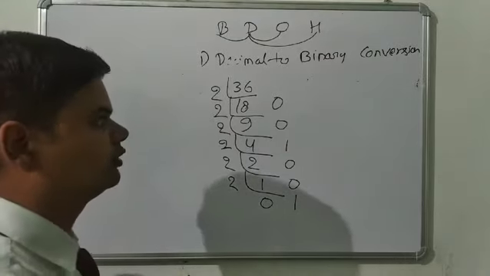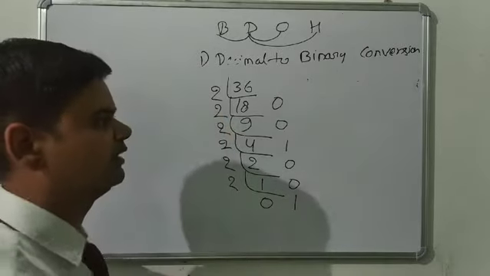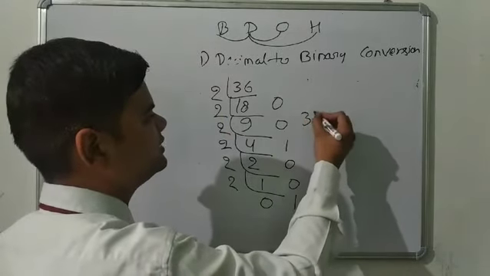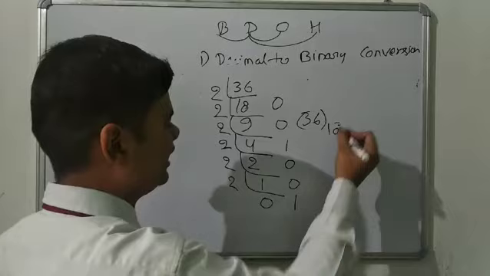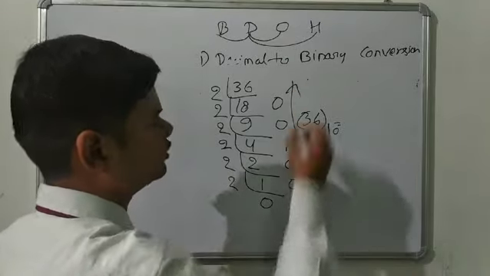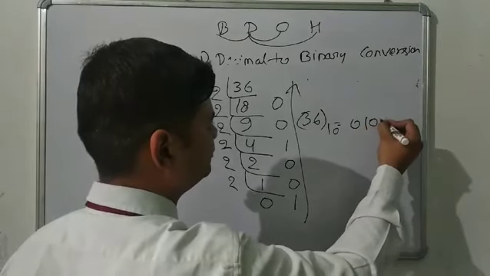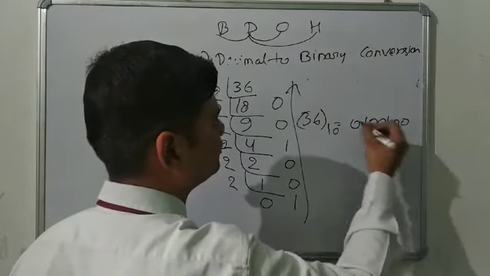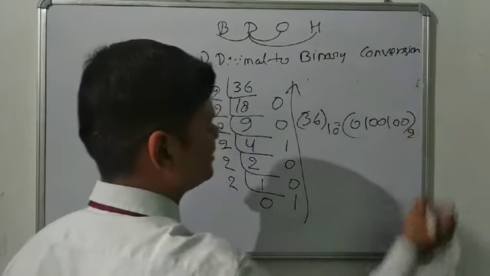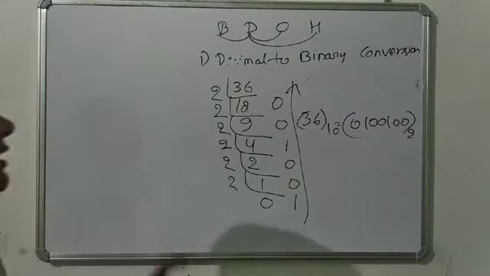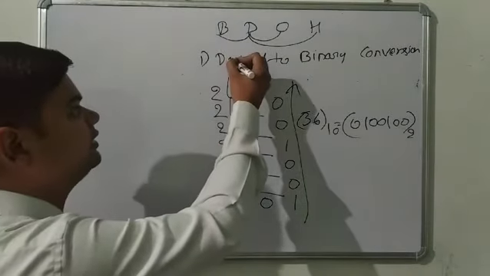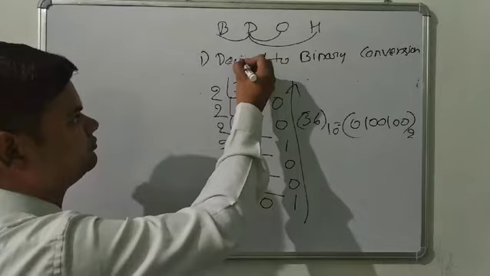Now to convert 36 into binary form, we write 36 base 10 and the output from bottom to top: 0100100, and we write the base. So this is the method to convert the decimal number system into the binary number system.